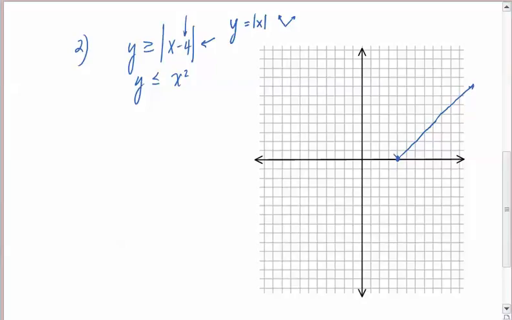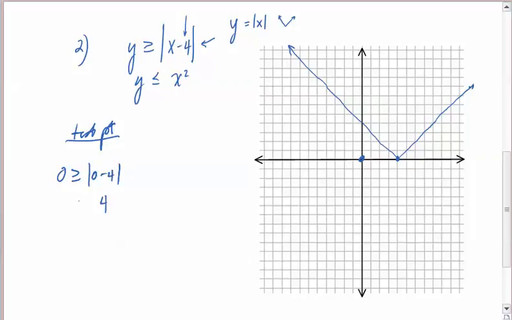So here's my first one. Okay, and then we're going to see what we're going to shade. It says greater than or equal to. I'm thinking it's right up here, right? But let's just double check with a test point, and I'm going to use the test point 0, 0, right? Because it's clearly not on the boundary. 0 greater than or equal to 0 minus 4, absolute value.